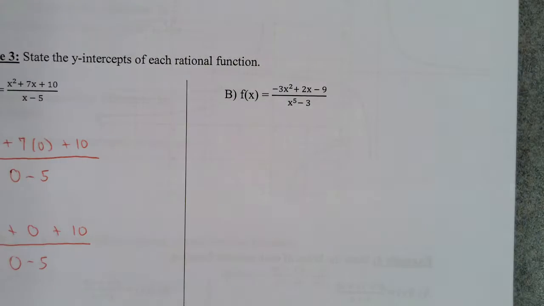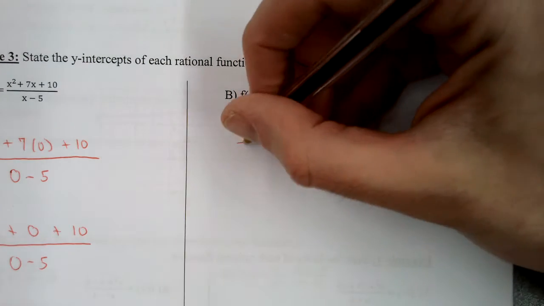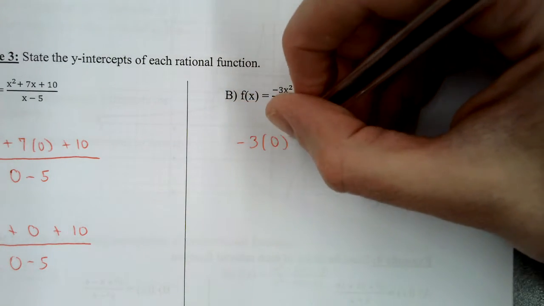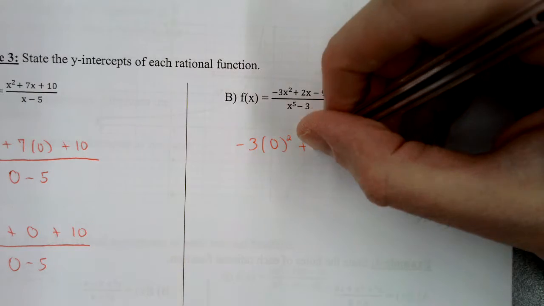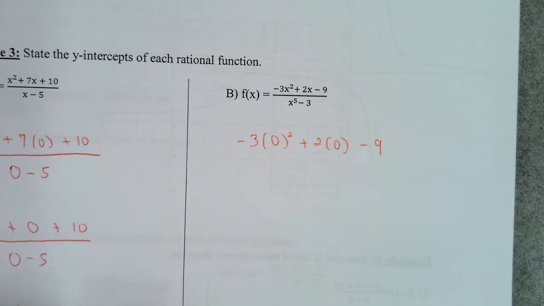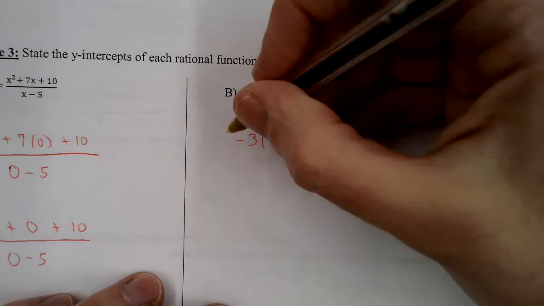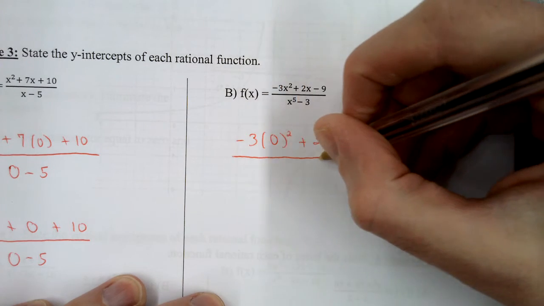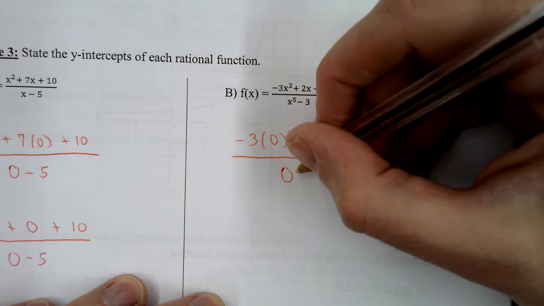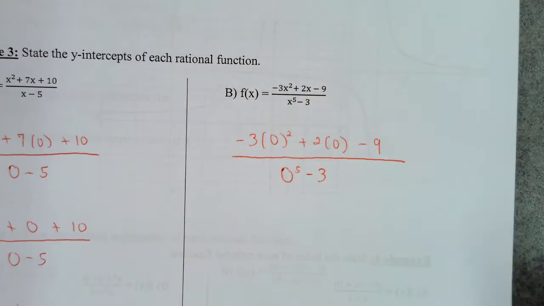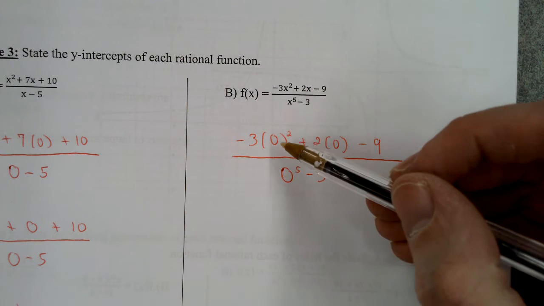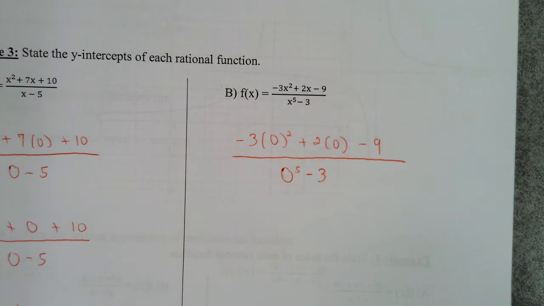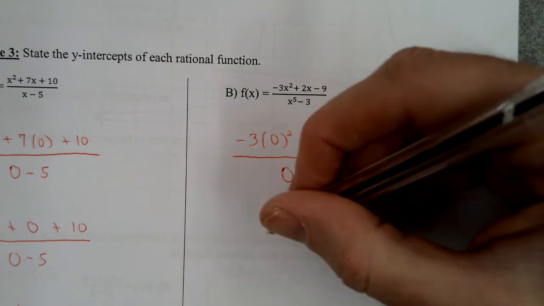One more, example 3b. Again, set x equal to 0. So negative 3 times 0 squared plus 2 times 0 minus 9, all divided by 0 to the 5th power minus 3. Okay, let's clean up the numerator. 0 squared is 0 times negative 3 is still 0.